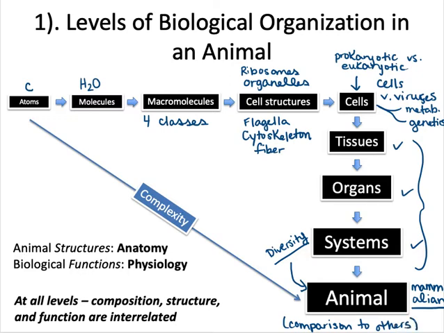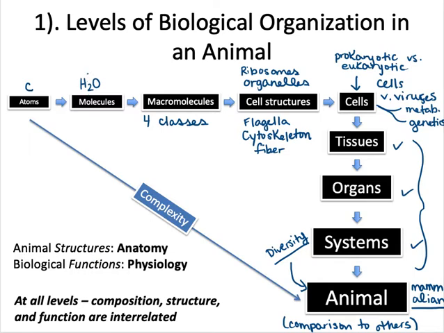One of the key take-home messages from the entire semester is that each of these levels, composition, what something is made of, structure, what something looks like, and function, what something does, are all interrelated. We can use water as a good example of that.